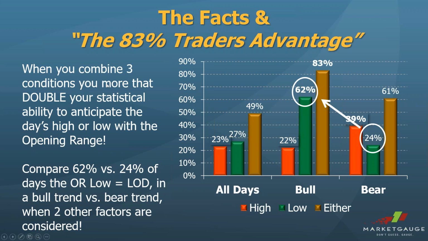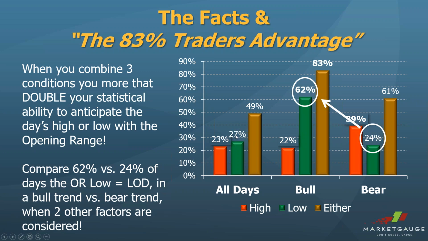So we have three different conditions that we look at, and if all three of those conditions are bullish, then 62% of the time the opening range low will be the low of the day. If those indicators are bearish, 24% of the time that opening range low will be the low of the day. Now, if I look at all days, the opening range low is the low 27% of the time.